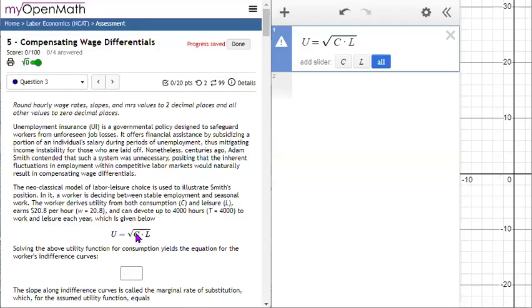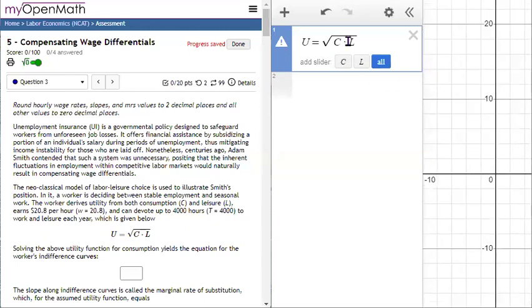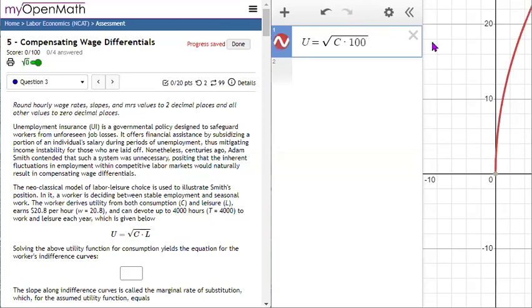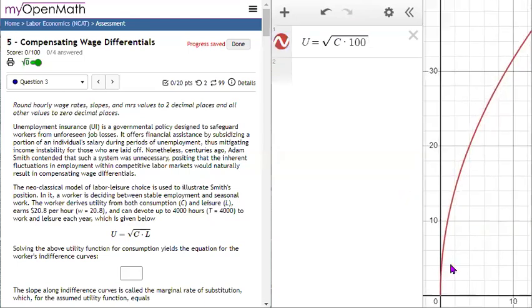Now, when consumption increases, utility or worker satisfaction increases, but at a decreasing rate. And we can see that over here. If I hold leisure constant at, say, 100, you can see in the graph here that utility is rising, but at a decreasing rate.